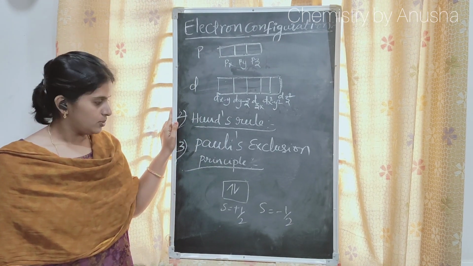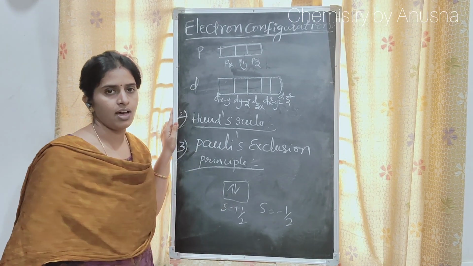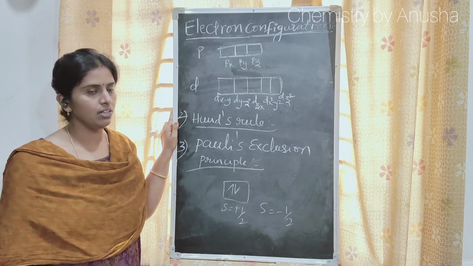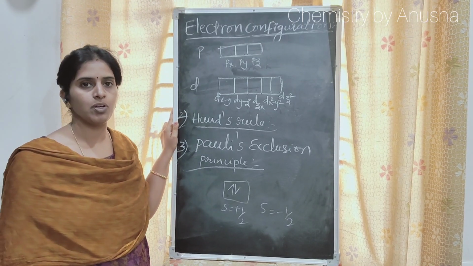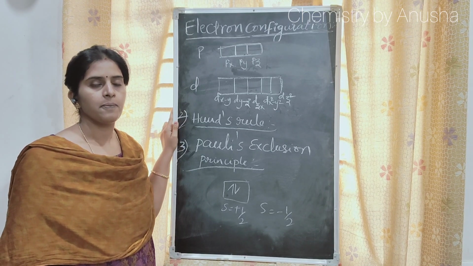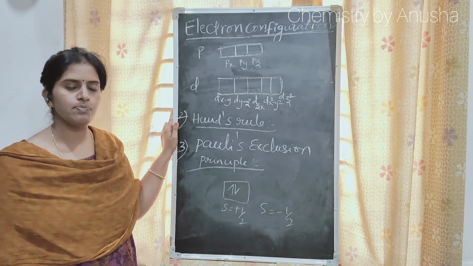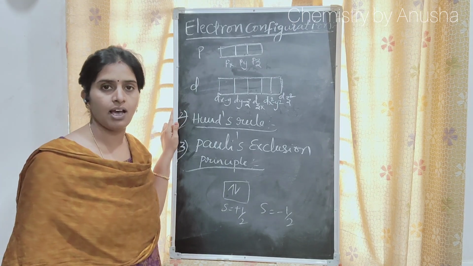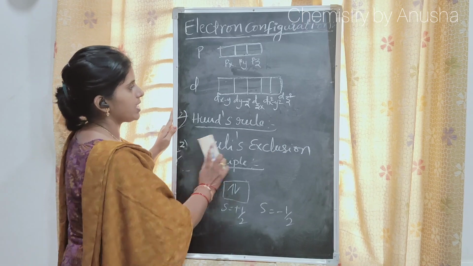No 2 electrons in the same orbital can have the same spin quantum number, which means the maximum number of electrons within an atomic orbital is 2. So this is about these 3 rules. Based on these 3 rules, we can fill the electrons within the atomic orbitals. Let us see some examples.